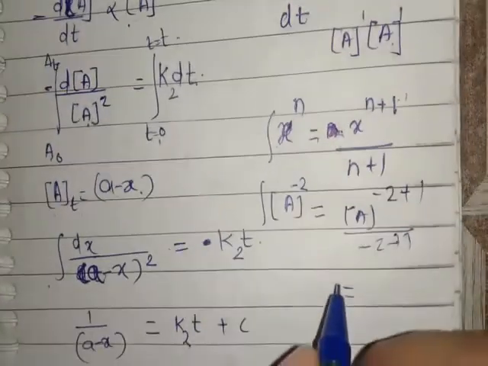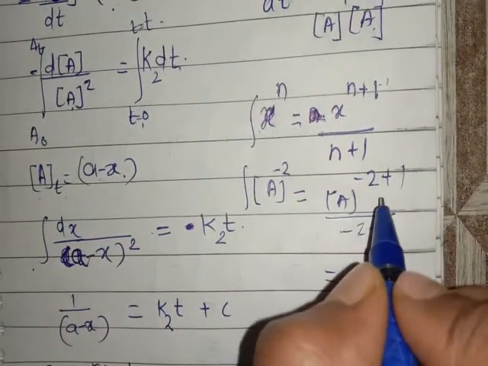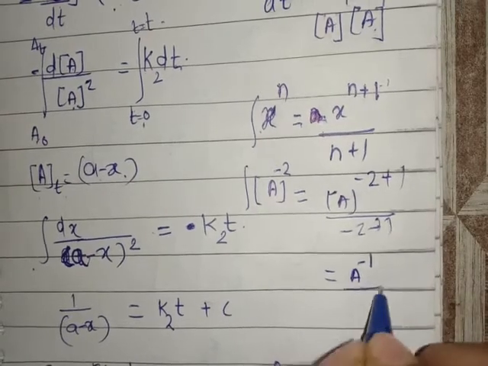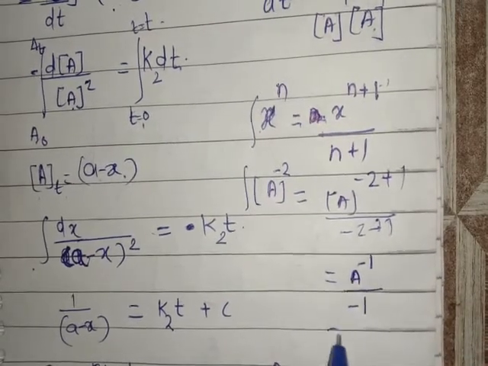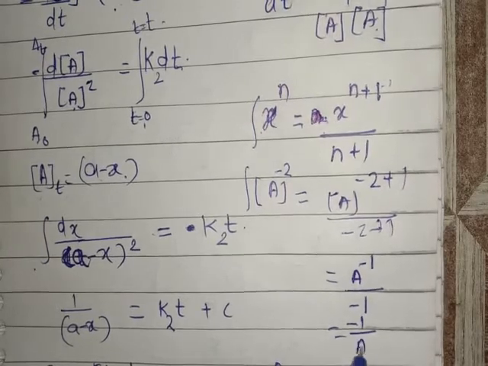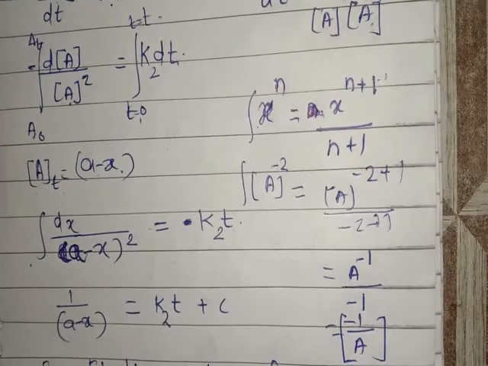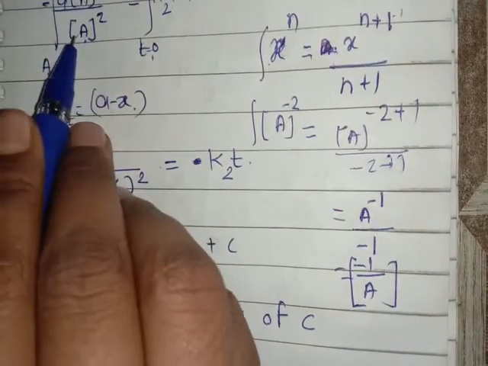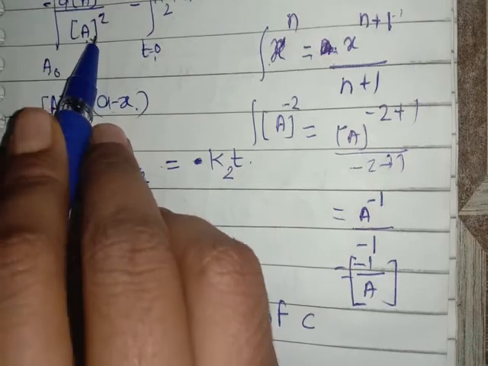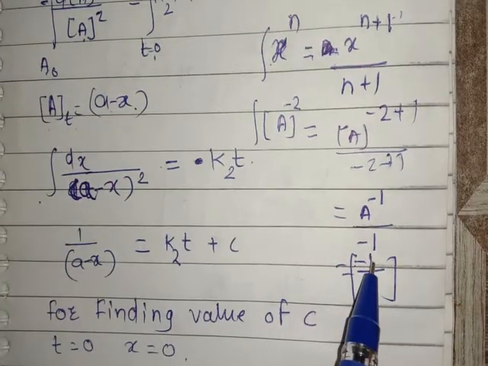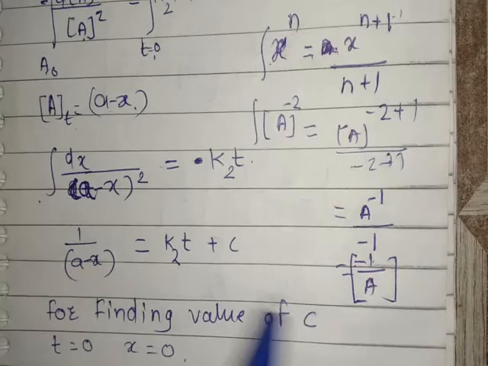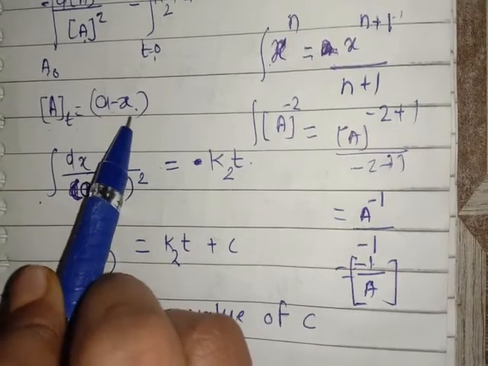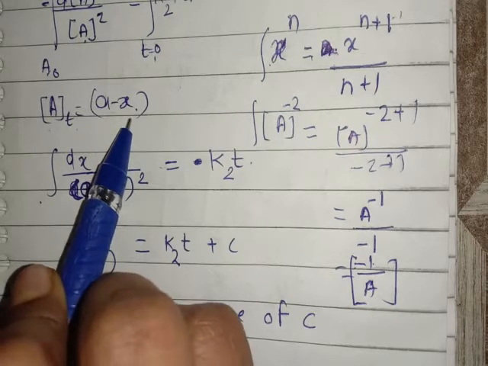So what we have is a raised to minus 1 upon minus 1. So we can write minus 1 upon a. That is the answer. The integration of minus dA upon a square gives the answer minus 1 upon a, and that a can be replaced by using a minus x, that is the concentration at that time.